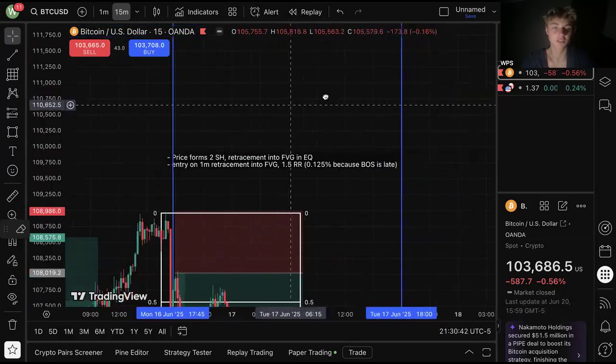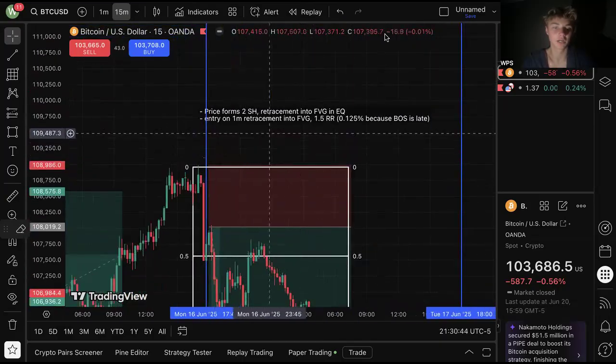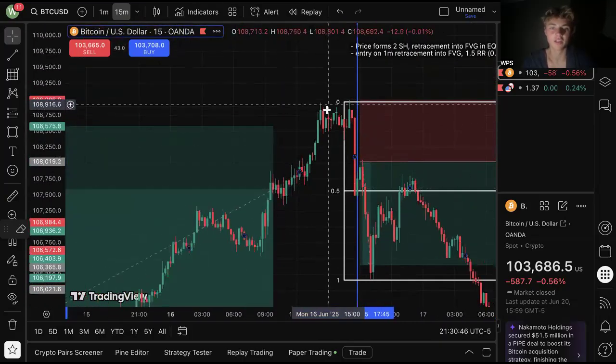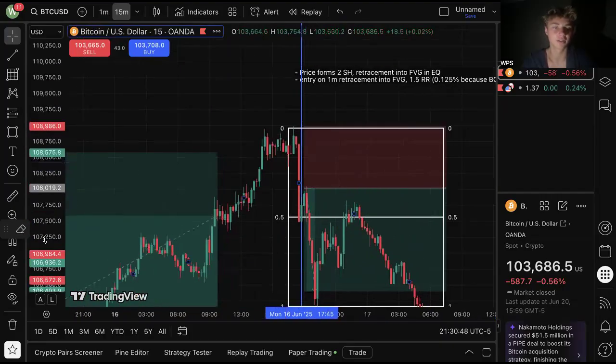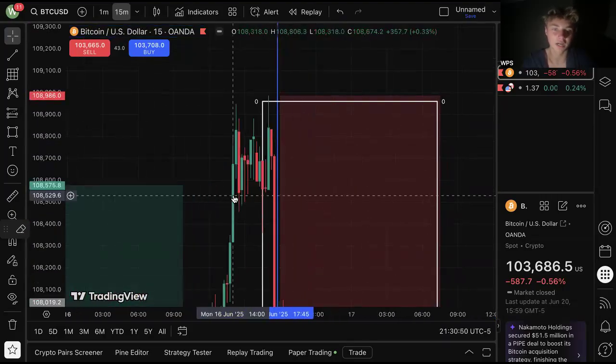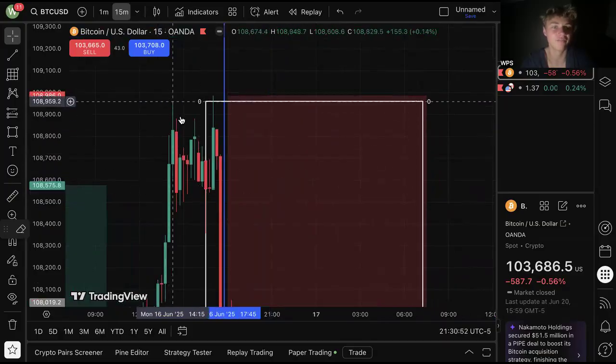Here, price forms two swing highs once again, right here and right here. I don't exactly know if these two count as swing highs, but that's just how I viewed it.